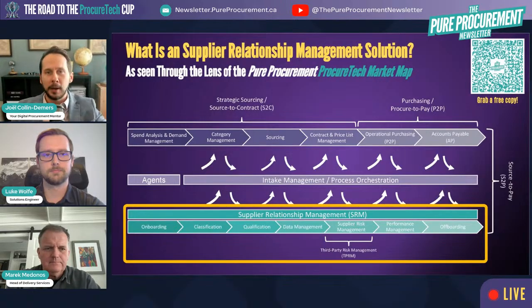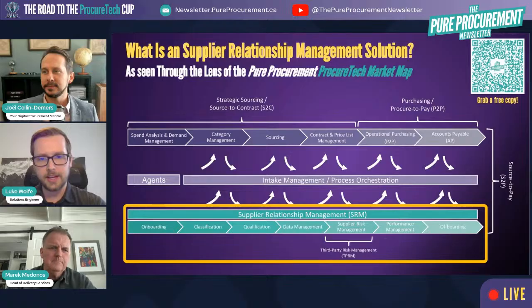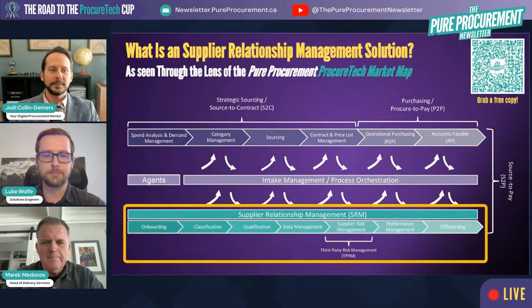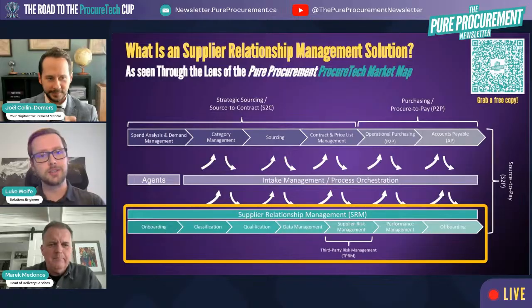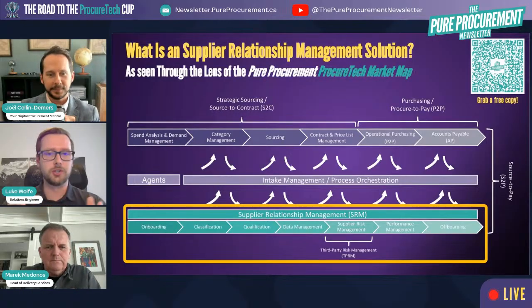I don't know, Luke, Merrick, how do you complement that definition at Graphite? Yeah, I would say it's interesting because the way it needs to be laid out here is a straight line, but supply relationship management is like a big circle, right? You need to get the suppliers in the door, but that's just step one.